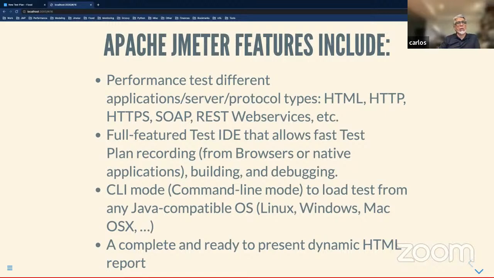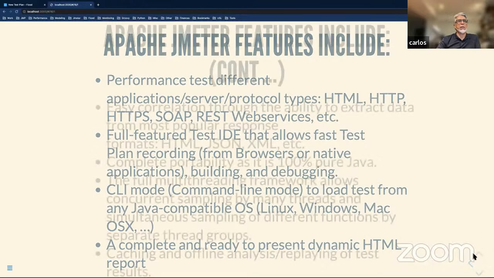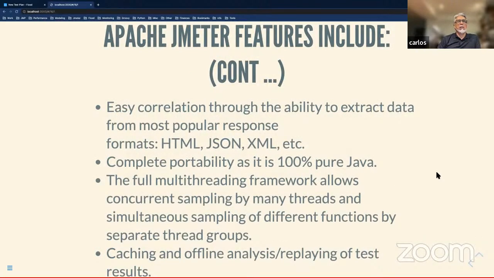The one I particularly want to mention here is the HTML report, which is very informative and can be presented to the business. Correlation is fantastic. It's pure Java, and it's multi-threaded, so we can emulate several users at the same time.